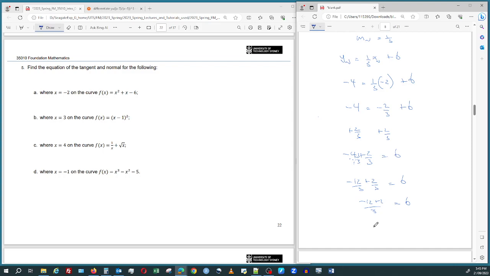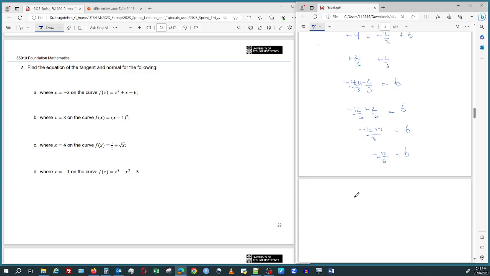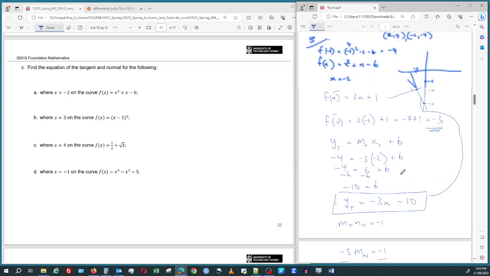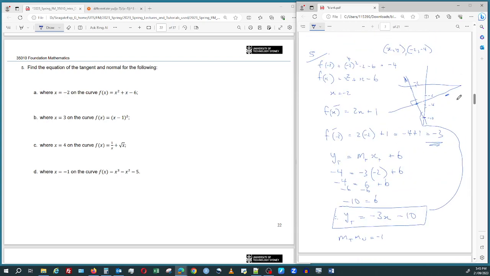Minus 12 plus 2 is minus 10/3 equals b. And so our normal equation, y_n, will be equal to 1/3 x minus 10/3, and that's our normal equation. That's the equation of the normal cutting across here. 10 on 3 is 3 1/3, so that's a good fit.